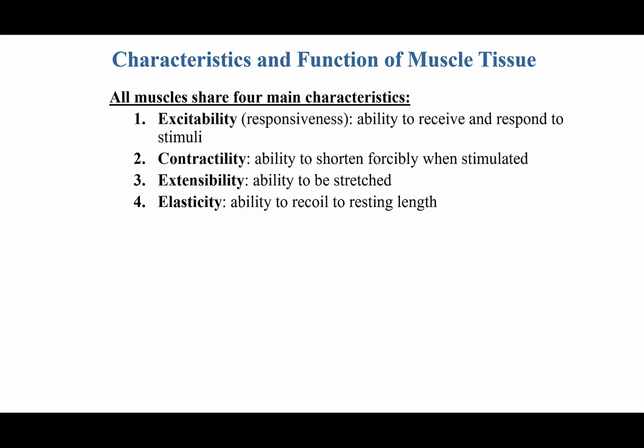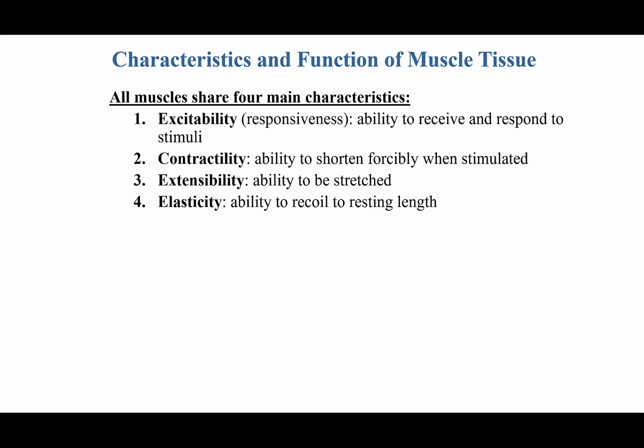The other characteristic is that they need to be contractible. Contractibility refers to that tissue being able to shorten in length when the neurons tell it to contract. And extensibility means that when the tissue is shortened by contractibility, it needs to be able to stretch out again.